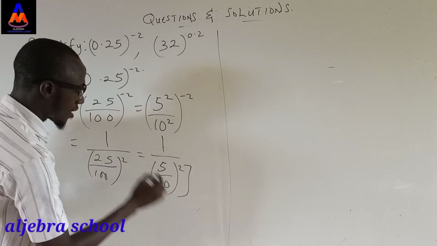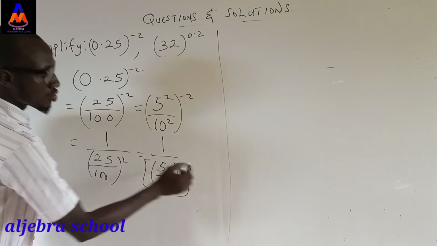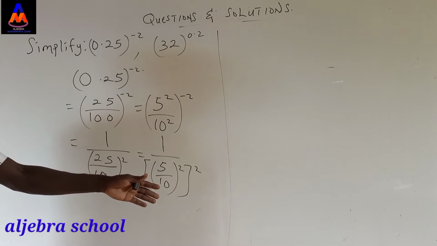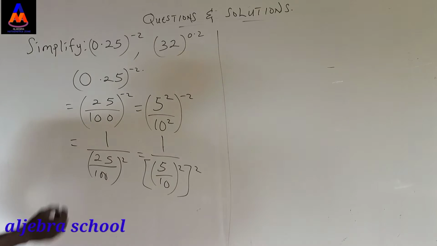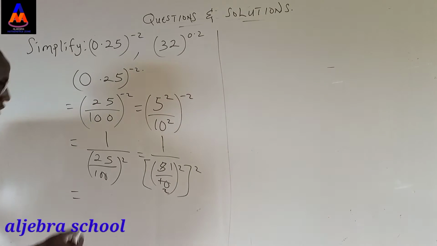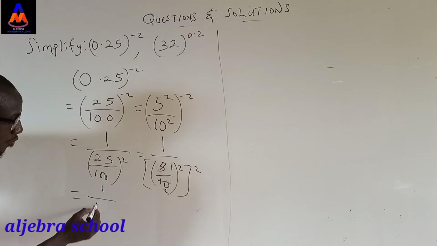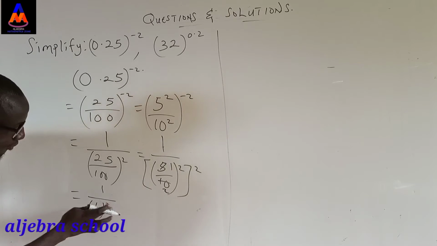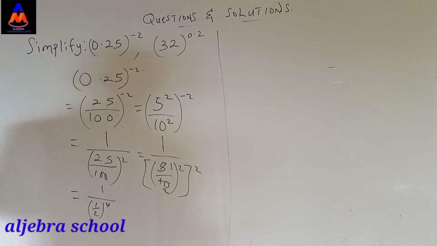2 is common to all of them, and we have this 2 outside. It's not complicated, I'm just trying to simplify it here. Then finally, you can say this one is 5 here 1, 5 here 2. Of course, this is 1 over 2 raised to the power 4.